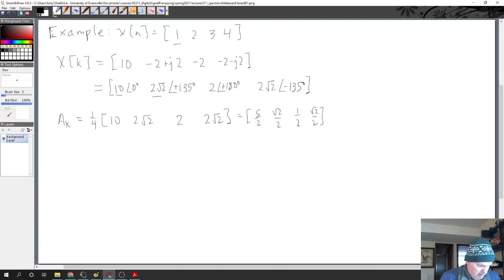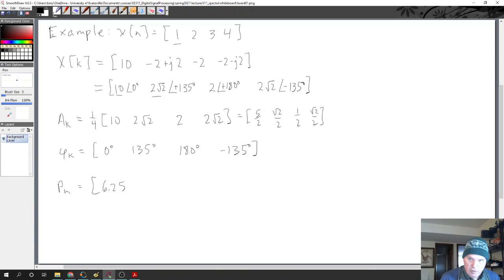Okay, and then certainly the phase spectra I can get immediately by expressing the DFT in polar form: 0 degrees, 135 degrees, 180 degrees, and then minus 135 degrees. And then the power spectra is just the A_k squared. So it'd be 5 halves squared, or 25 over 4, so that's 6.25.